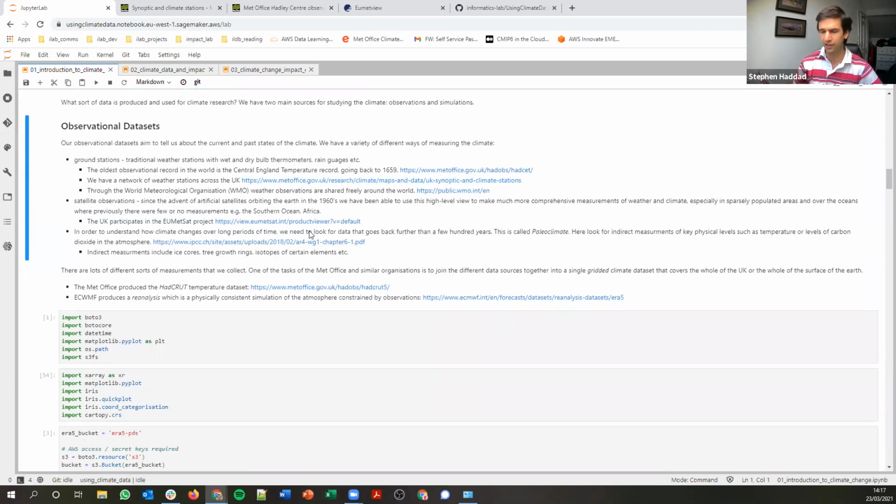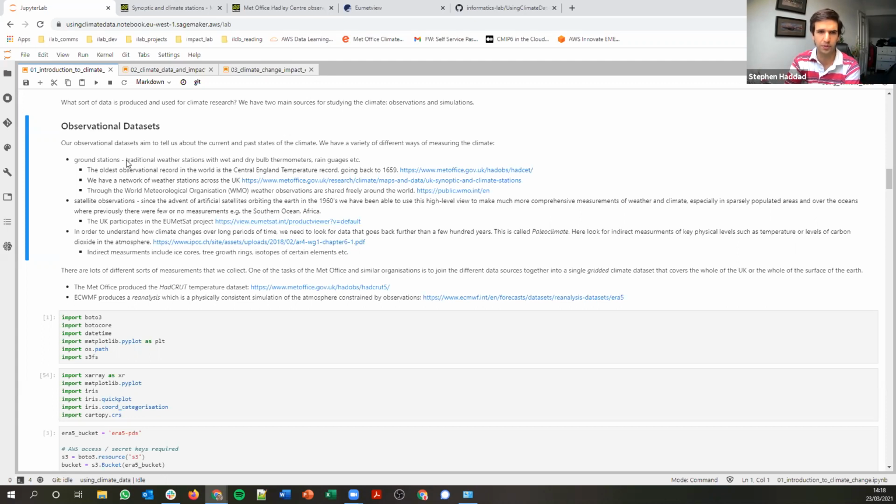So those are all observational data sets that we can use in terms of planning. They often get combined together into a single climate data set, using ground stations and satellite measurements and all sorts of measurements, into a single sort of grid covering the whole Earth at regular intervals, covering either the UK or the whole Earth.